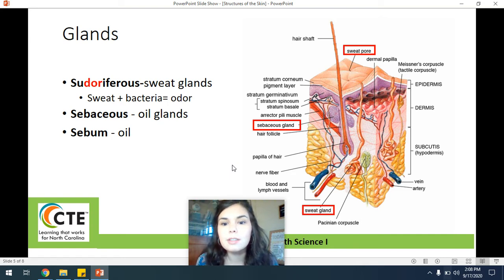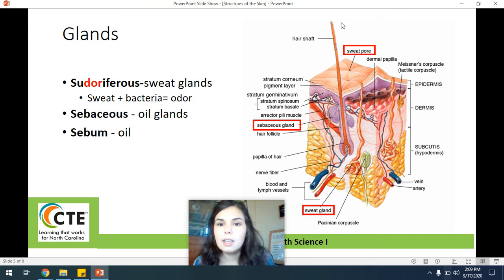So on your screen, you can see we have your sweat gland down here. It's this curled up looking piece, and then it goes all the way up through the dermis, all the way to the epidermis, and ends at a sweat pore, which is what our sweat actually comes out of. Then you also have sebaceous glands, and sebaceous glands just produce oil to help keep our skin moisturized and lubricated and things like that.